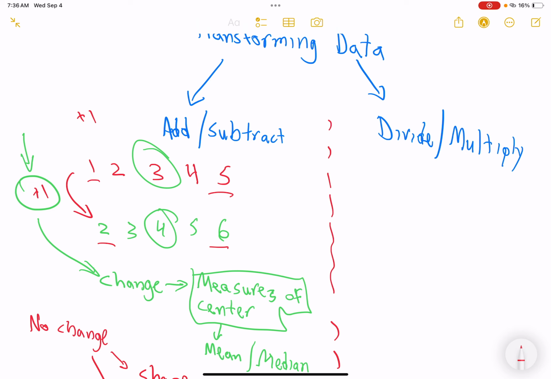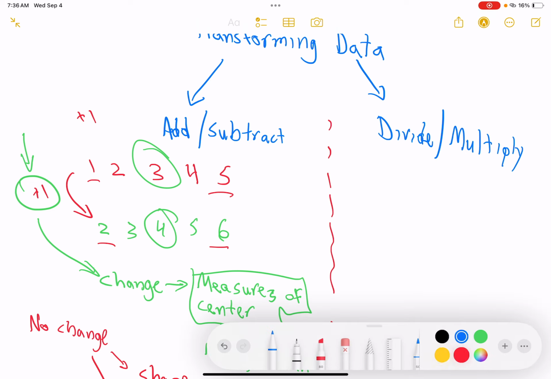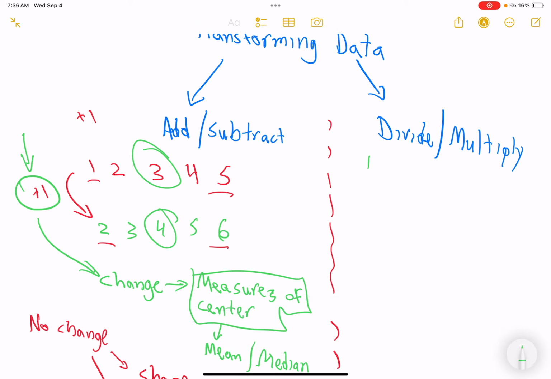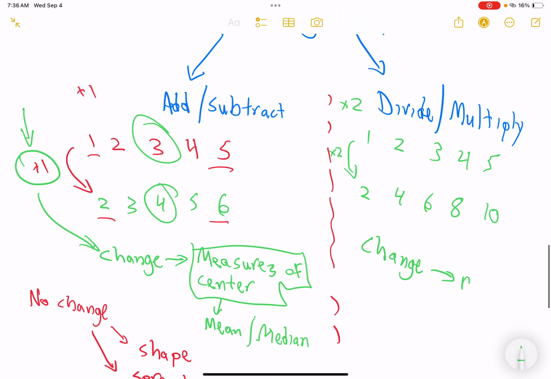On the other hand, with multiplying and dividing, we get a little more change to our biscuit, as it were. What changes, and again, we'll do 1, 2, 3, 4, 5. And let's say for some reason I do times 2 to that. So times 2, it becomes 2, 4, 6, 8, 10. The things that change, of course, measures of center, and they change in the same way as you would expect.